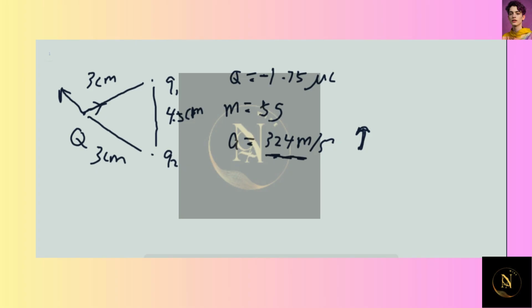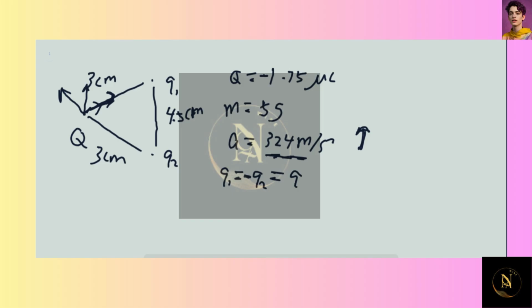So we can say that Q1 equals Q2 in magnitude. Another condition is that the force is pointing up. Because capital Q is negative, Q1 has to be positive and Q2 has to be negative. We just say that this equals q.